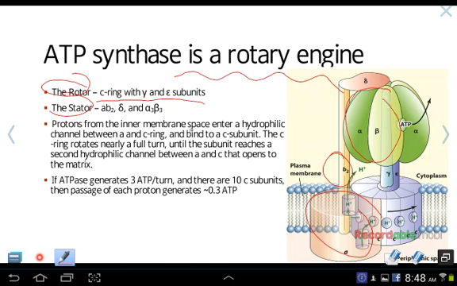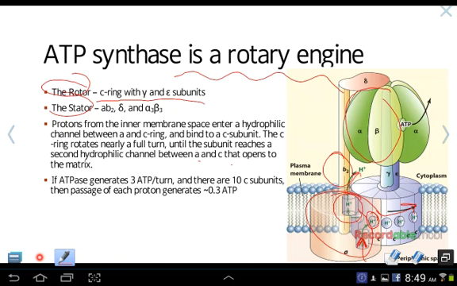Protons from the inner membrane space enter into a hydrophobic channel between the A and the C ring, and then bind to an open C unit. The C ring rotates nearly a full turn until the subunit reaches a second hydrophilic channel between the A and the C that opens into the matrix.